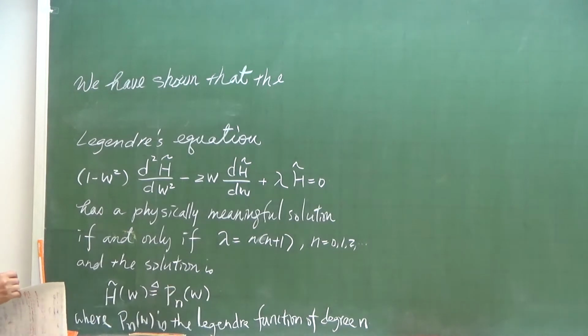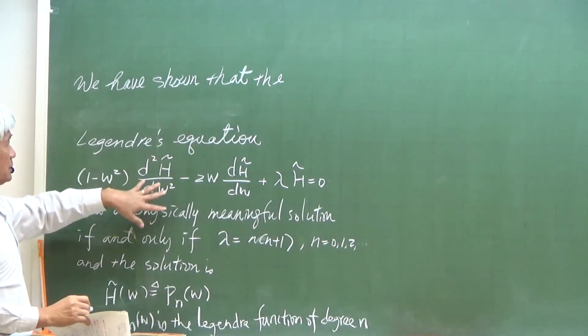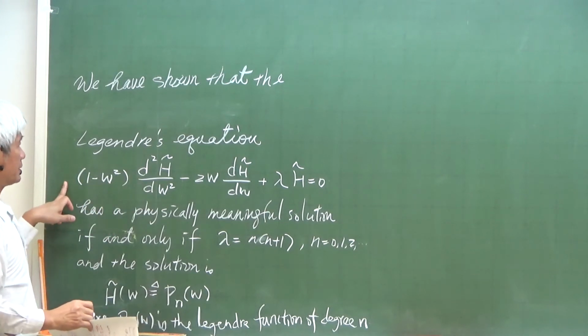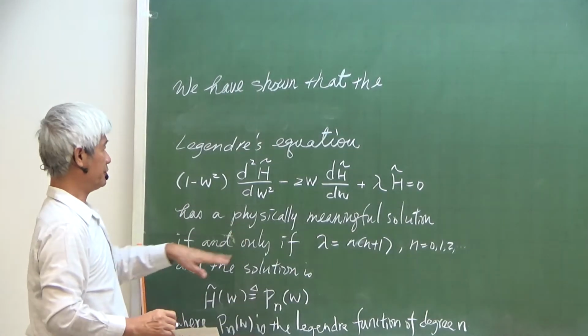So last Tuesday we have shown the John's equation. Actually, this is an eigenvalue problem, right? Has a physically meaningful solution.